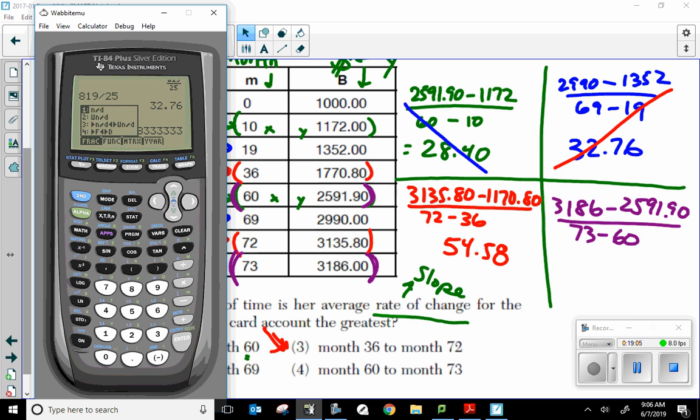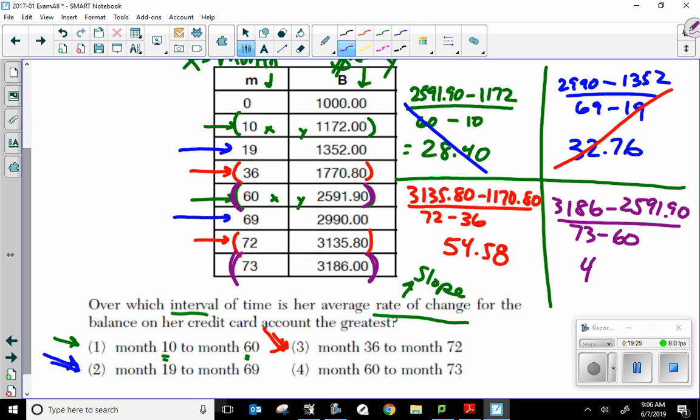So alpha y equals enter. 3186, minus 2591.9 all over 73 minus 60. 45.7. So this is 45.7. This is the biggest number, therefore the biggest average rate of change, and that was choice 3.